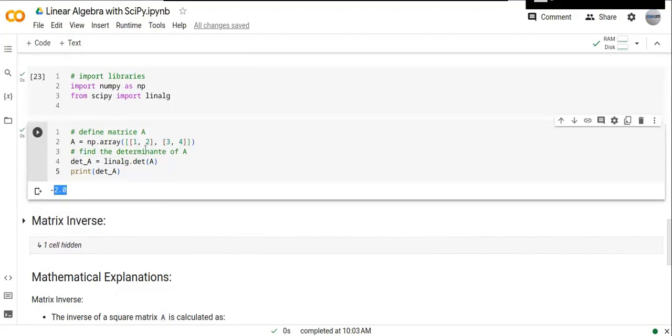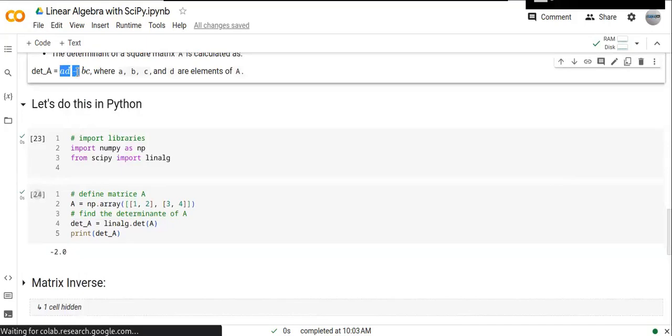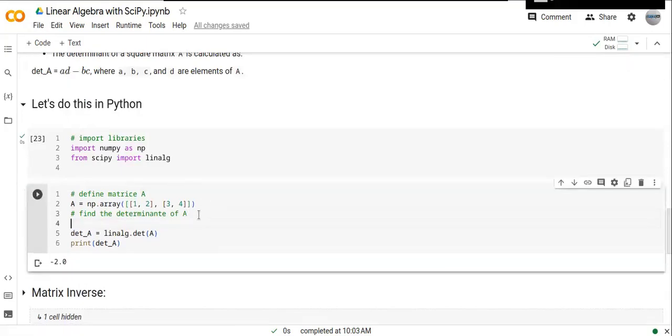So this is based on the calculation of this. Let's do this manually.